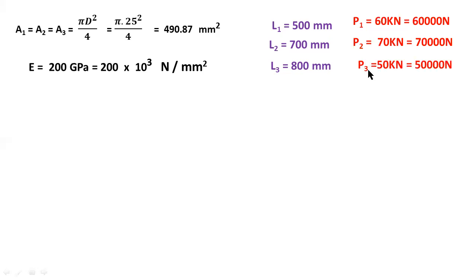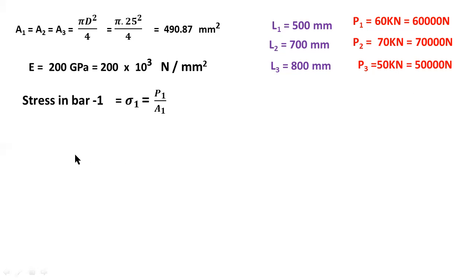And the load acting on bar CD equals P3 equals 50 kilonewtons equals 50,000 newtons. The loads acting on bars AB, BC, CD are all tensile loads. So I consider a positive sign for tensile loads. It is very important: positive sign for tensile loads and negative sign for compressive loads.